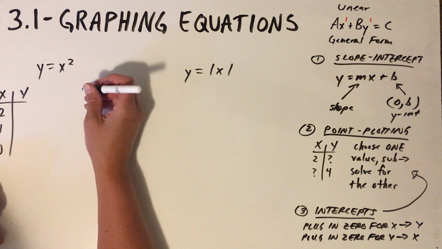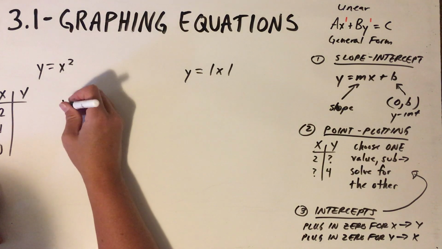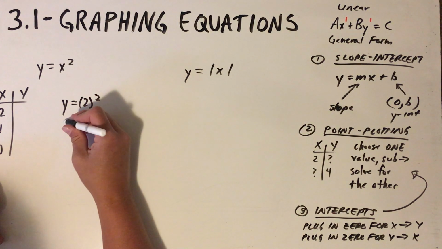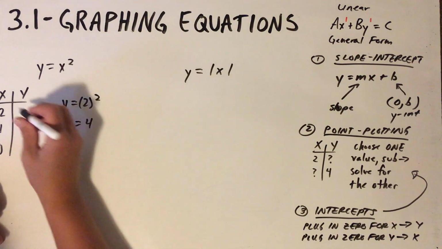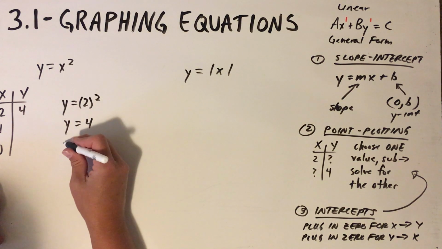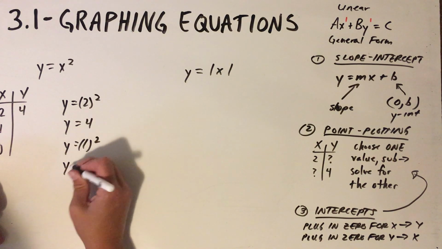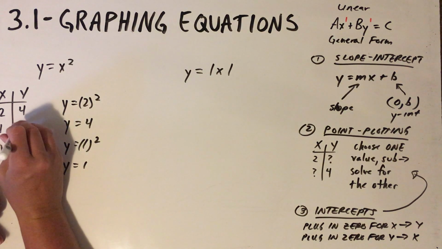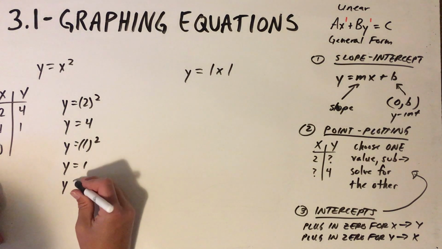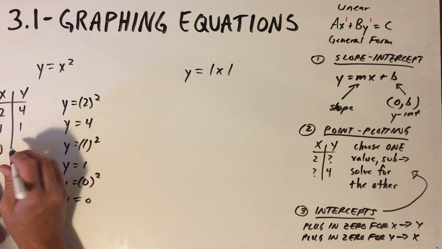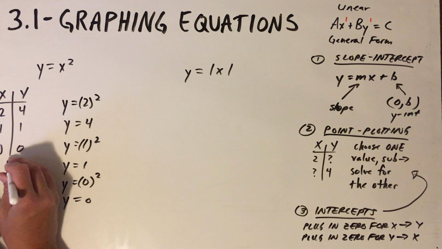So if I plug in 2 for x, then y is equal to 4. And if I plug in 1 for x, then y is equal to 1. And if I plug in 0 for x, then y is equal to 0. Okay, and I'm going to keep going here.